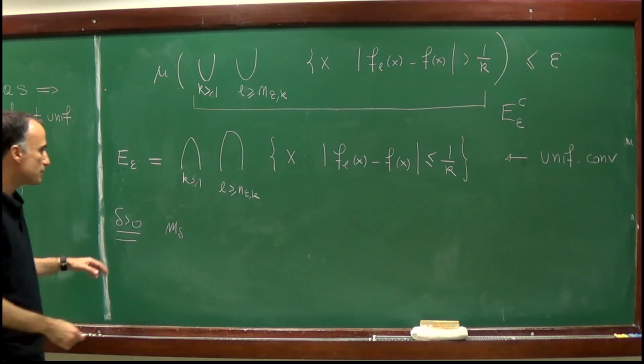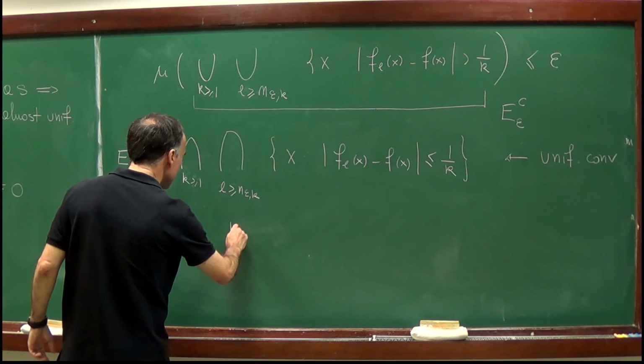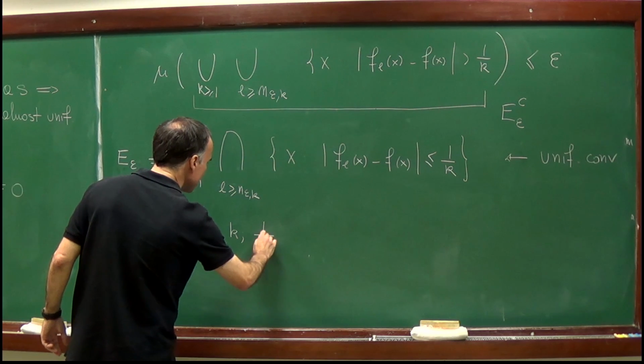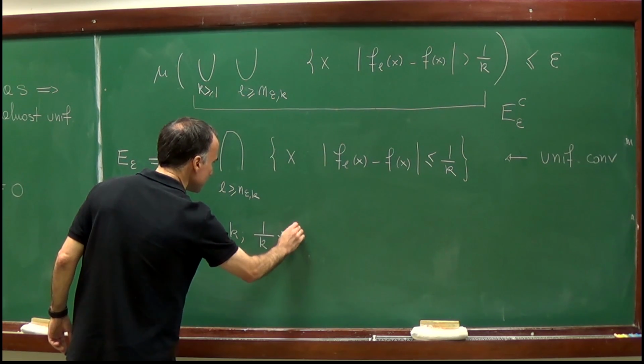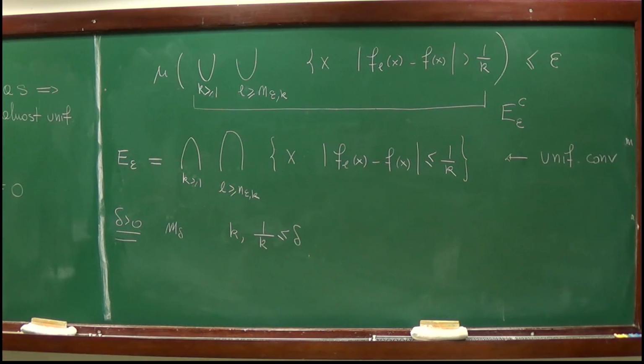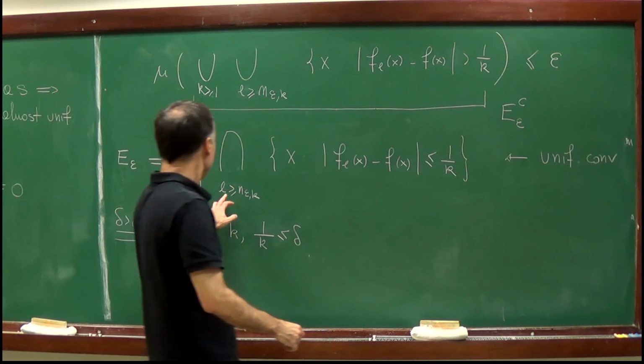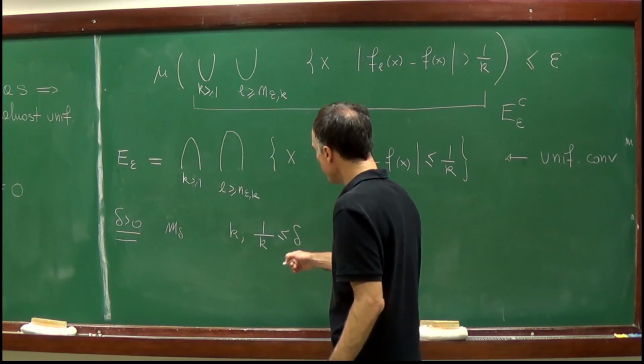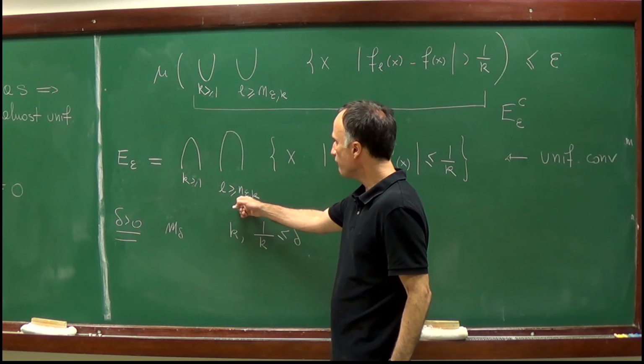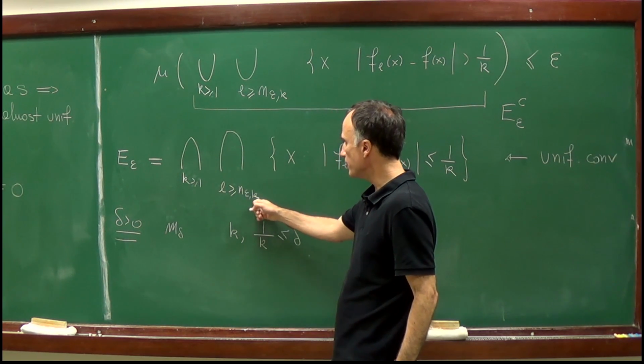Well, if you fix delta, you can find a k such that 1 over k is smaller than this delta. Fix that k, and for that given k you have n, which depends on epsilon and k.